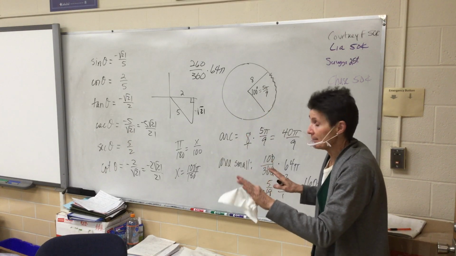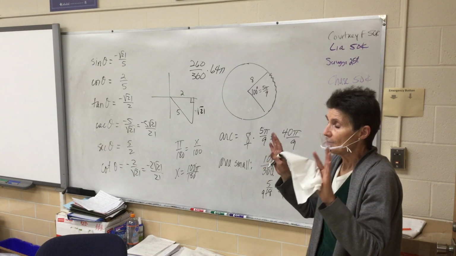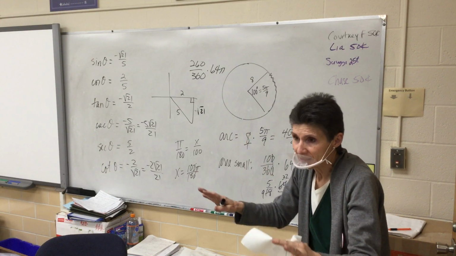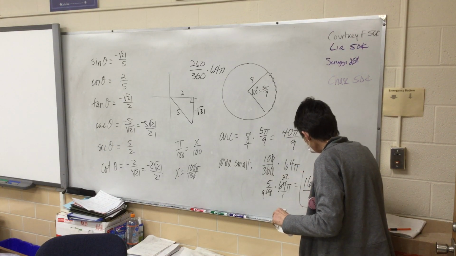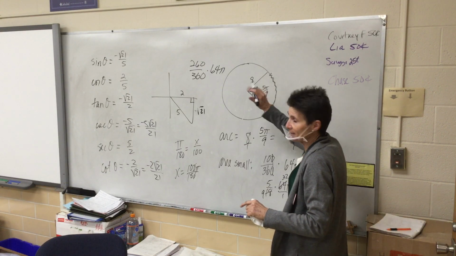Now, before we leave, I want to show you something that I haven't shown you because, frankly, I feel like you have so much to memorize, but I want to give you one more piece of information. This area was 160 pi over 9. I want you to look at what happens.